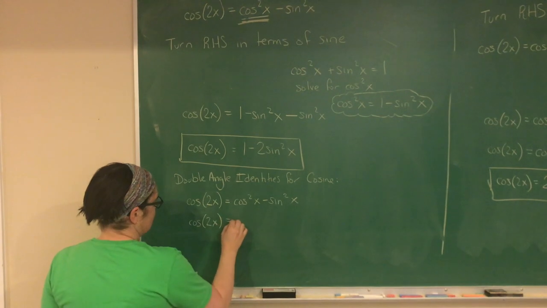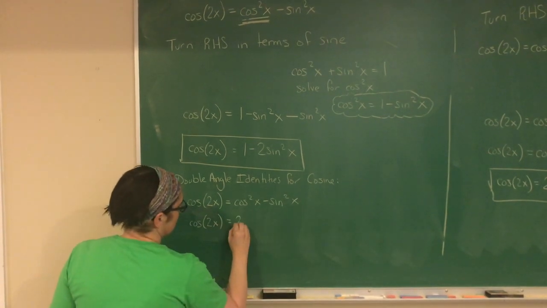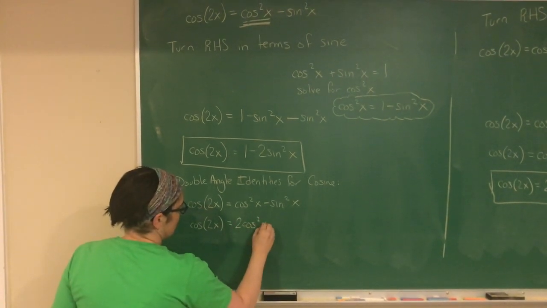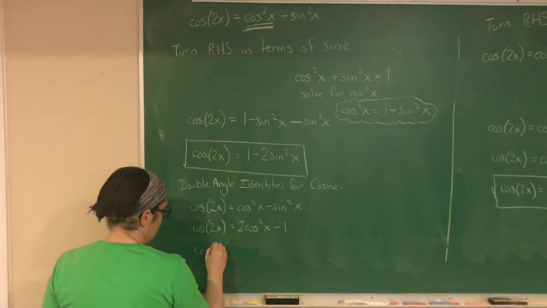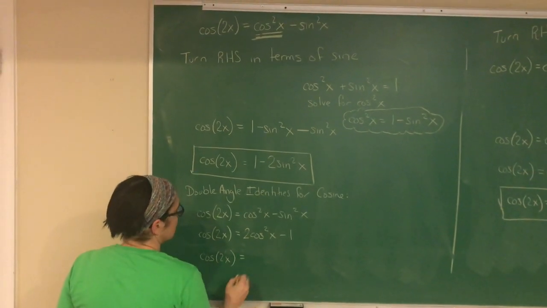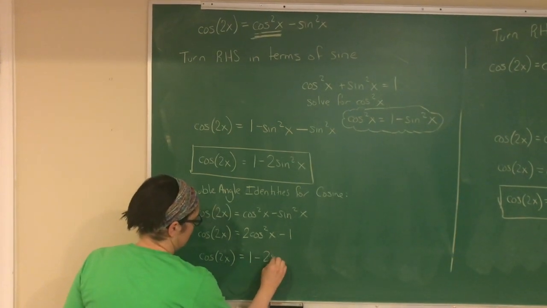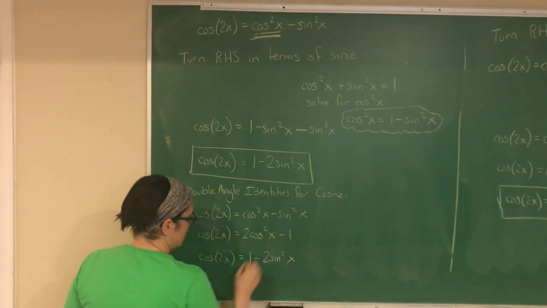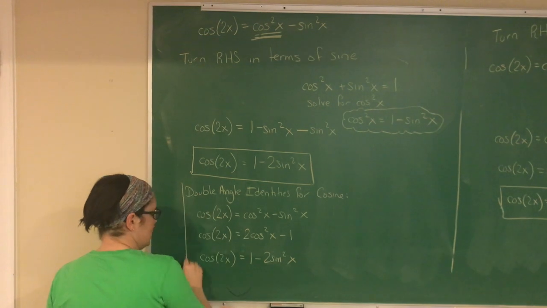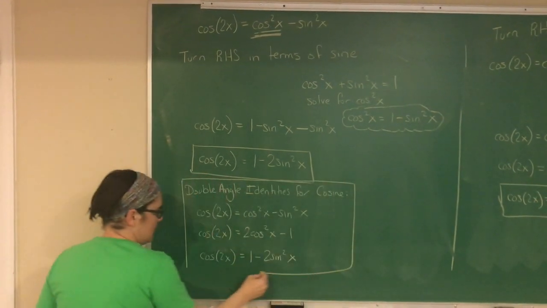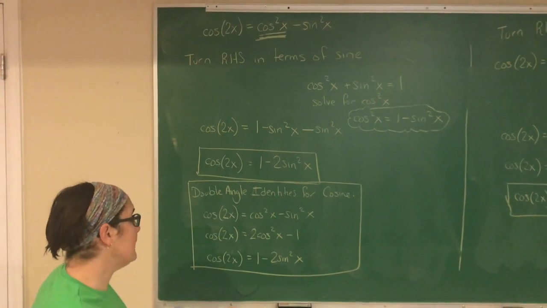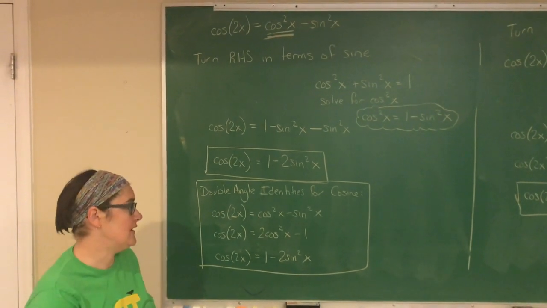Cosine of 2x is equal to 2 times cosine squared x minus 1, and cosine of 2x is equal to 1 minus 2 times sine squared x. So these are 3 double angle identities for cosine.